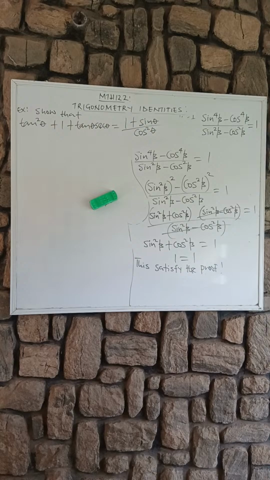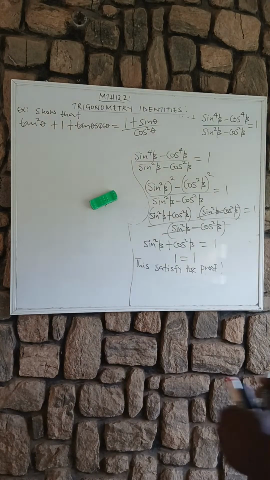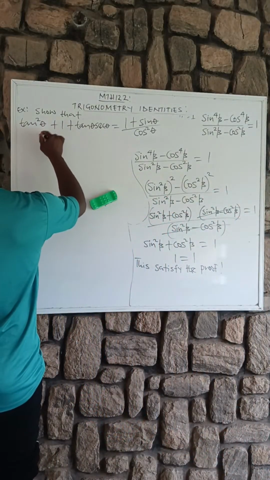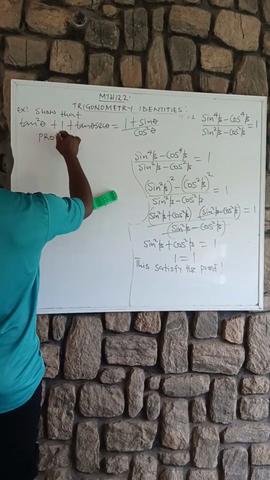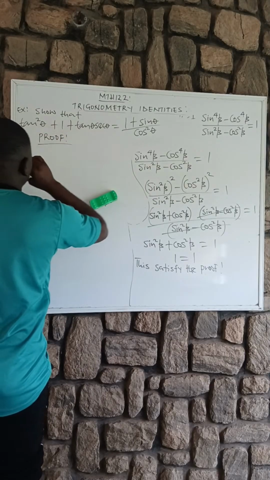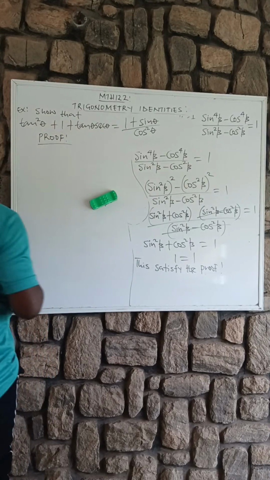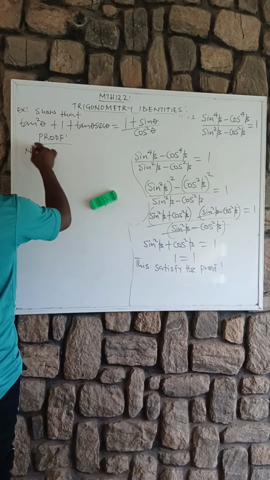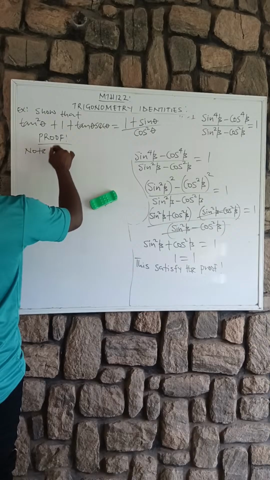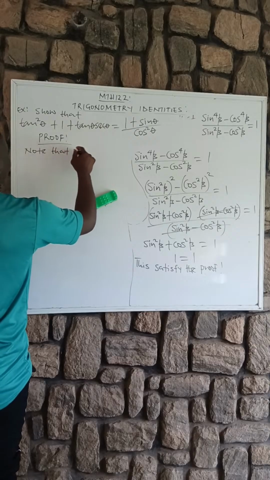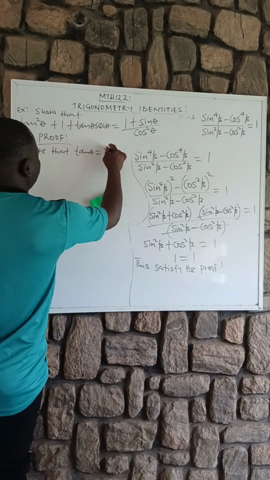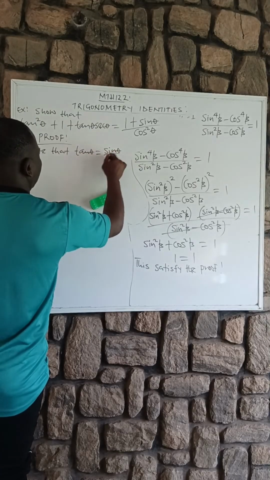Okay, so let's consider this example. Let's note that our tan theta is always equal to sine theta all over what?